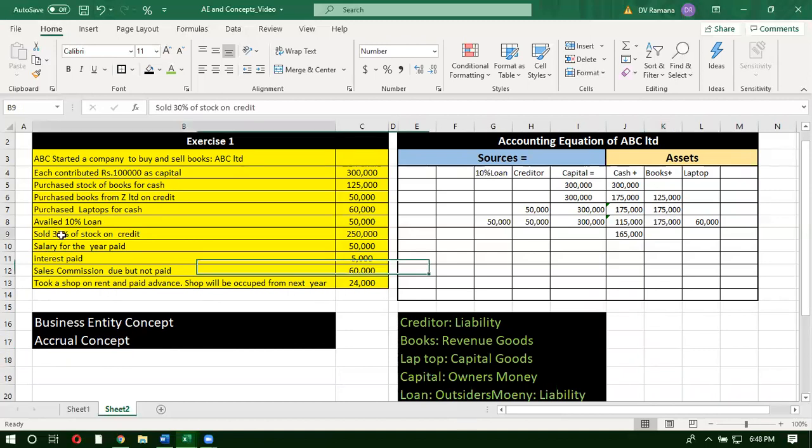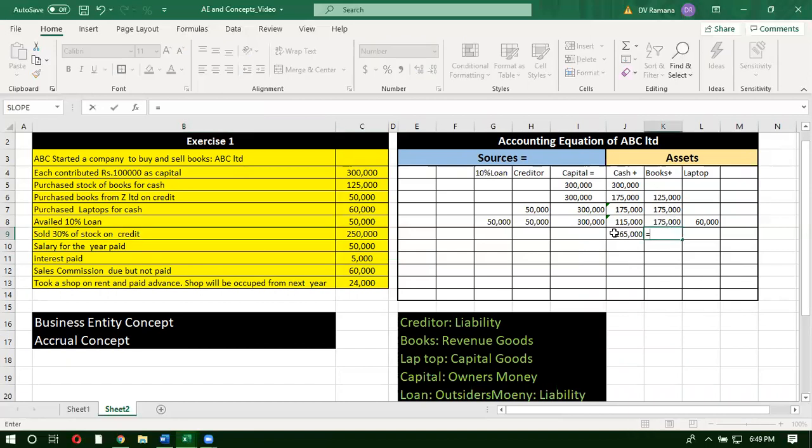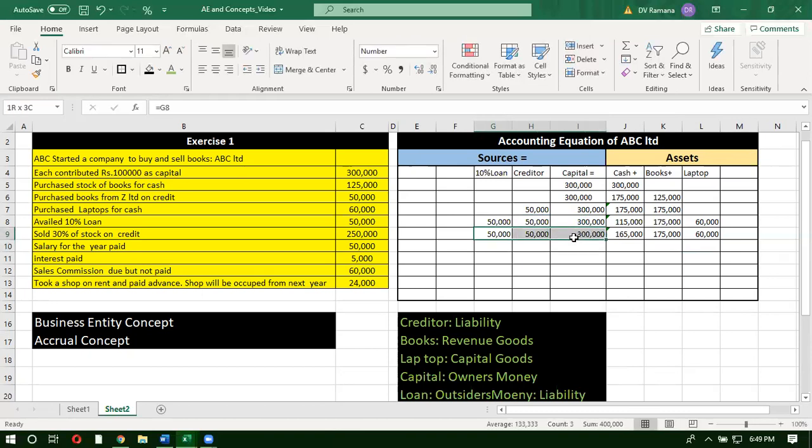Now, sold 30% of the stock. Let us complete the transaction. No change in laptop, no change in books, no change in the capital, no change in creditor, and no change in the loan. Okay, we can see the sources are 400,000 supported by the assets, which is 400,000.